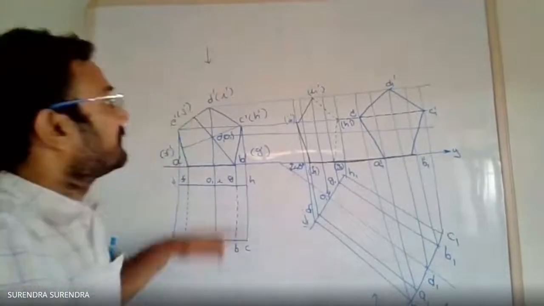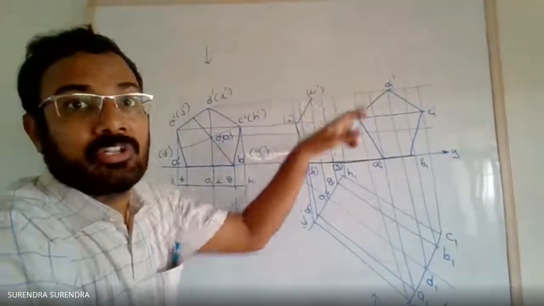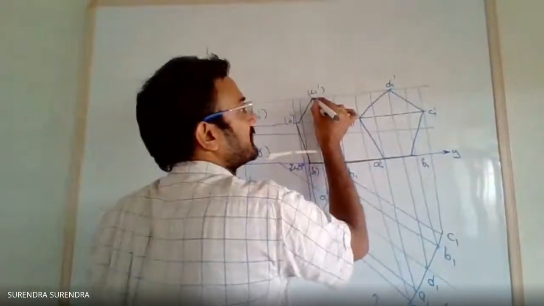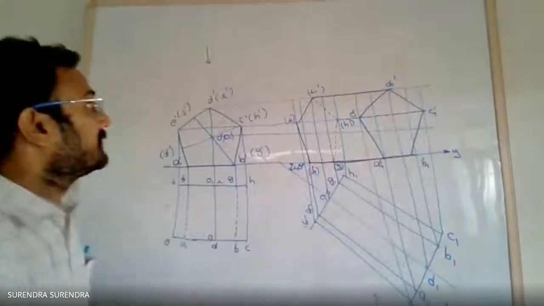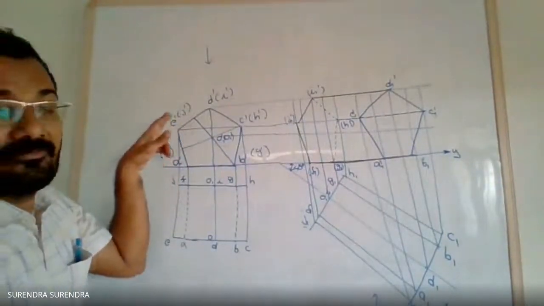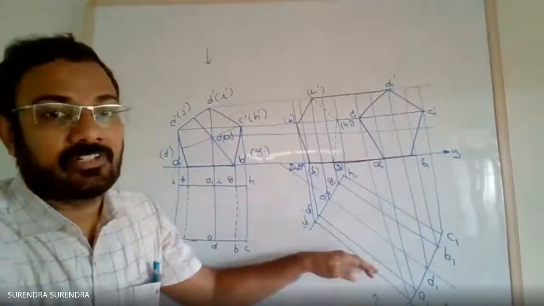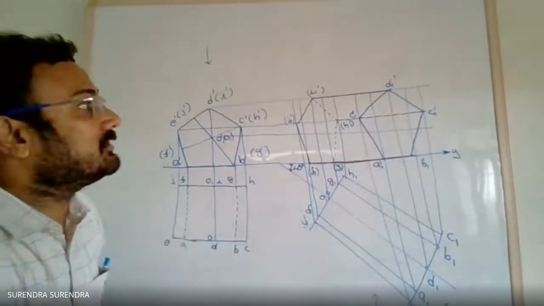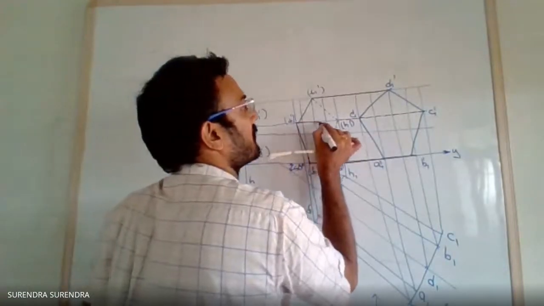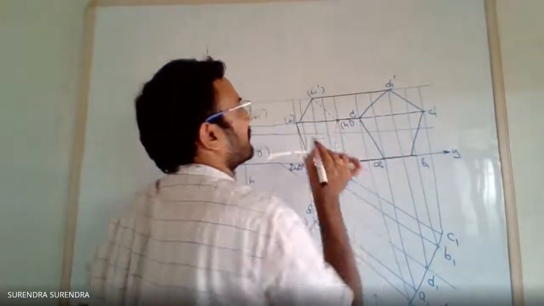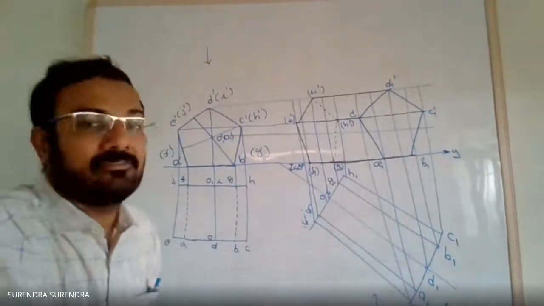Next, DI, as it is on the boundary, draw it as a continuous line. Remaining EJ, where is EJ? EJ is nearer to the observer. So EJ is also a continuous line.